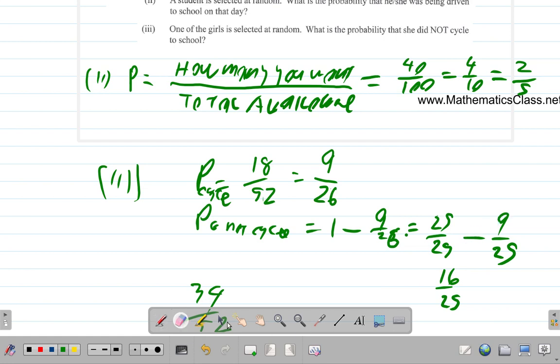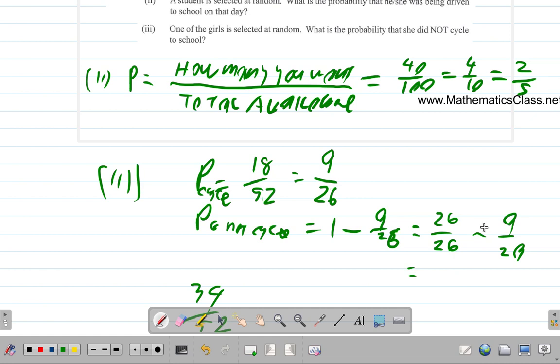Let me rub out some of this and do it again. So 1 minus 9 over 26 is 26 over 26 minus 9 over 26.